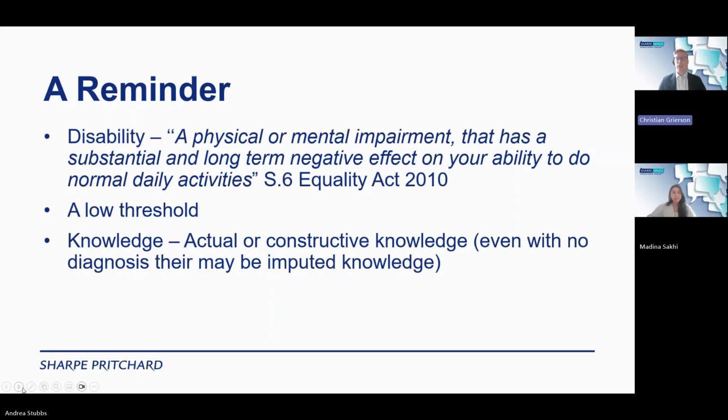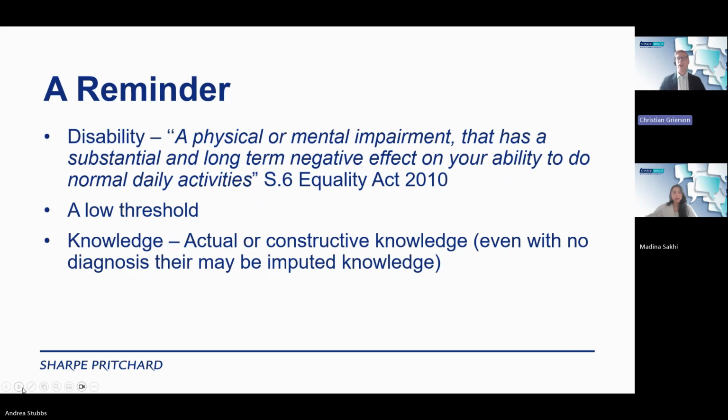Before we get into looking at victimization and discrimination arising from a disability, hopefully the reminder on the screen is not new to you and it's been picked up from our previous series. However, it's worth refreshing our memory because, of course, these tests are relevant to the Section 15 claim. So a disability is defined as a physical or mental impairment that has a substantial and long-term negative effect on your ability to do normal daily activities.